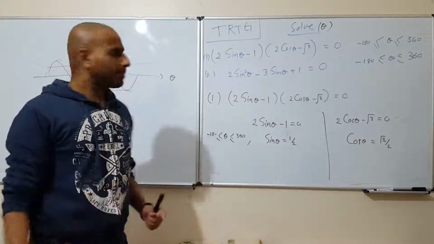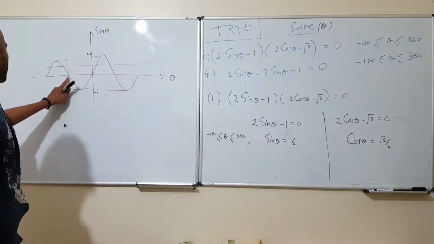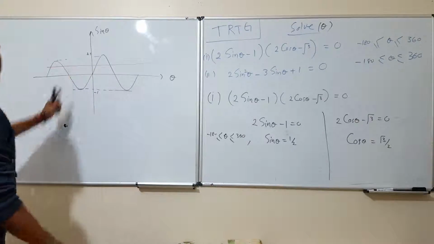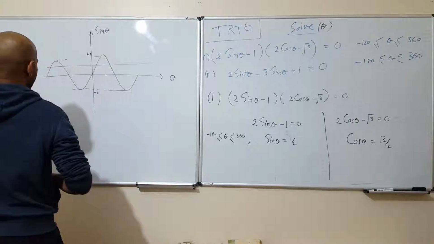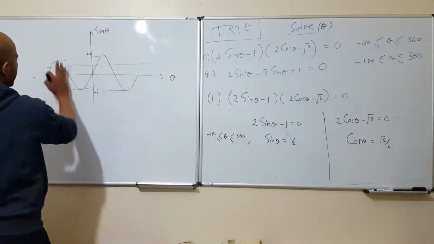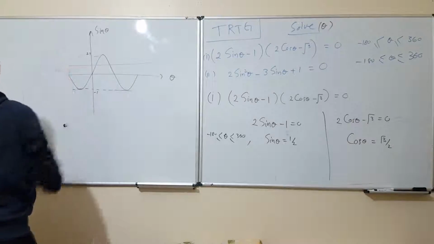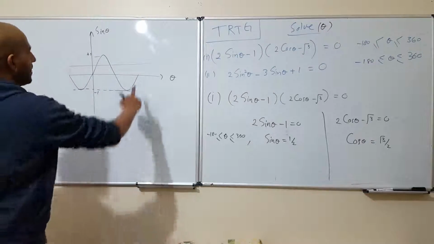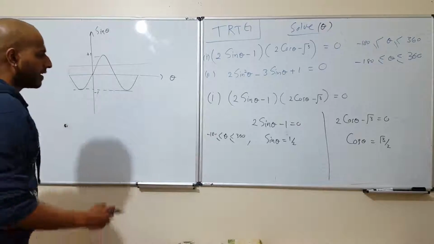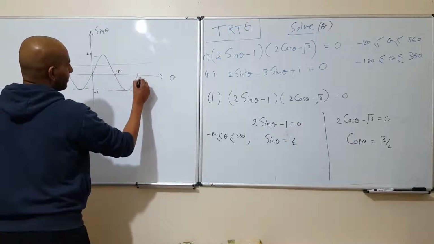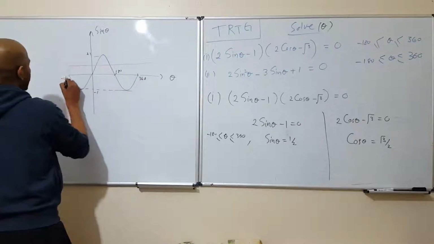However, this is restricted from there to there. So the restrictions are applied, and we don't really have to bother below minus 180, isn't it? So I'm going to delete this part of the graph because it's not required. That is 180, that's 360 here, that's minus 180.